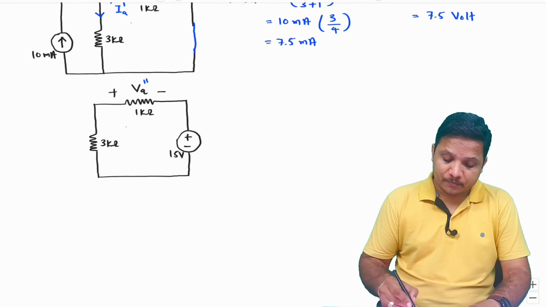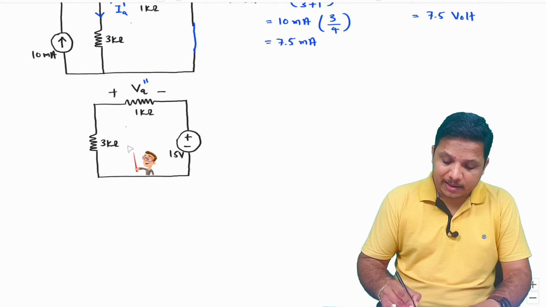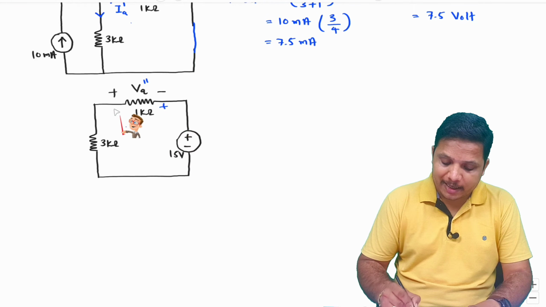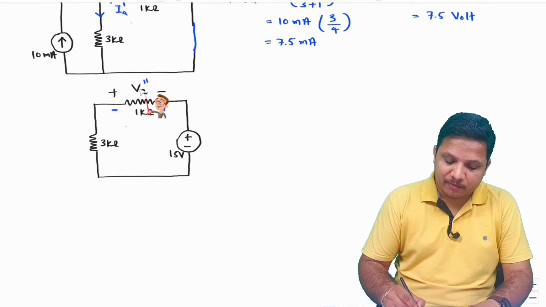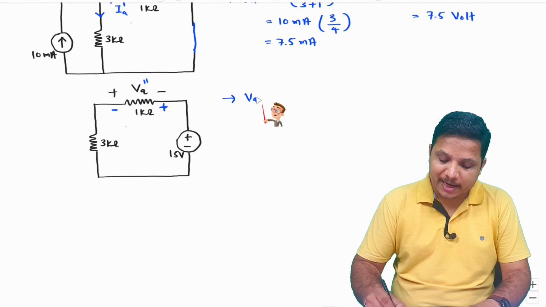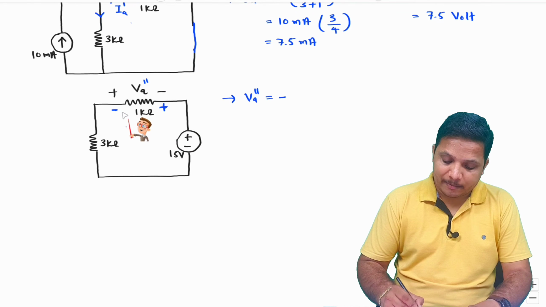source, right? Now due to this 15 volts, if you observe the polarity, here there is plus and here there is minus, right? And we want to calculate VA double dash with plus-minus polarity like this. So when you calculate this VA double dash, its value will be negative, as it is happening as per this polarity.